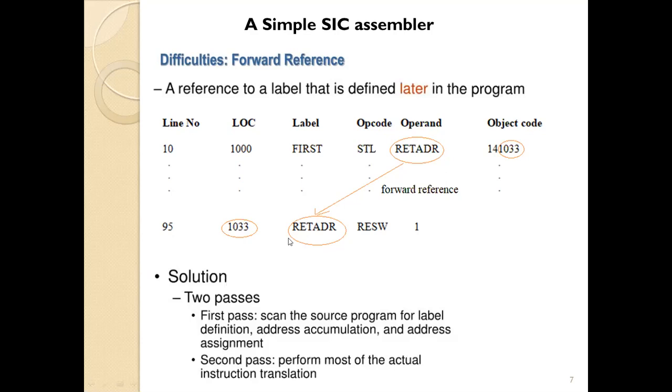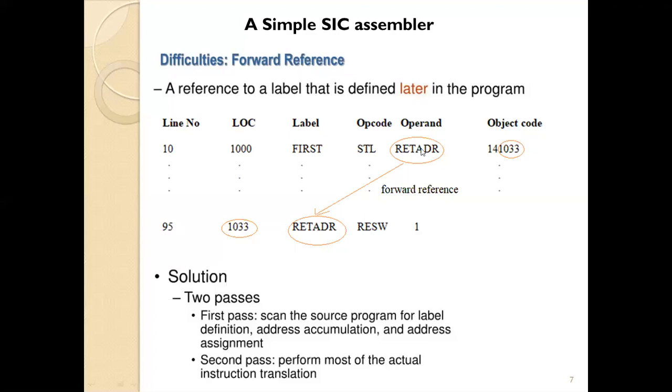What is this RETADR? RETADR is defined at line number 95. It is a one-word variable. This instruction at line number 10 creates a forward reference. So what do we mean by forward reference? A reference to a label that is defined later in the program.